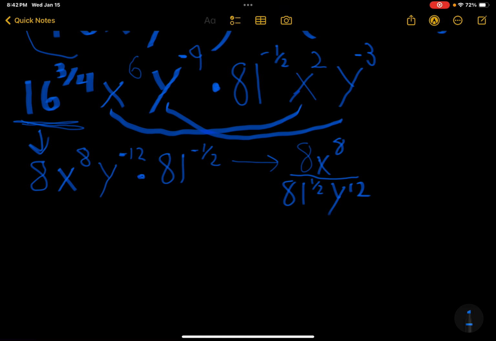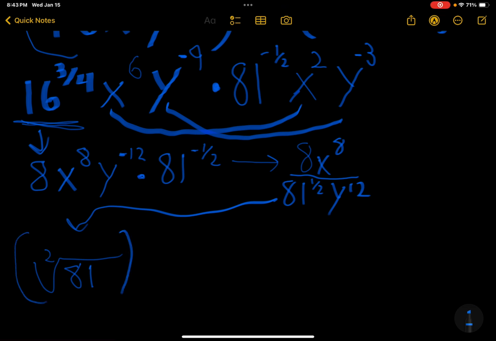So now to get this 81 to the power of 1/2 away, we're gonna put it as a radical. Square root of 81, put the 2 here, and this is just 1, so it really doesn't matter. The square root of 81, what times itself equals 81, which is 9.